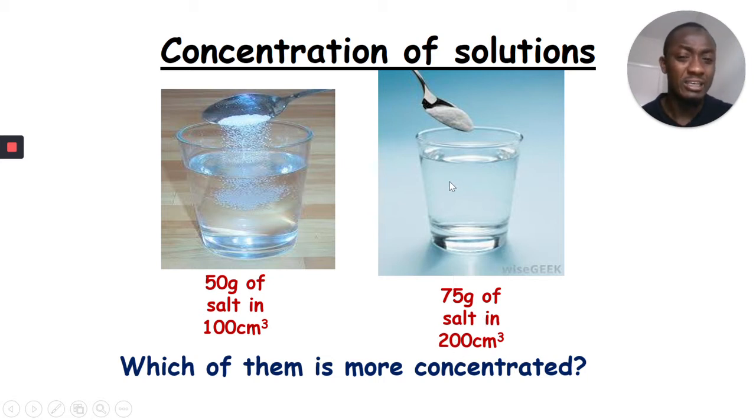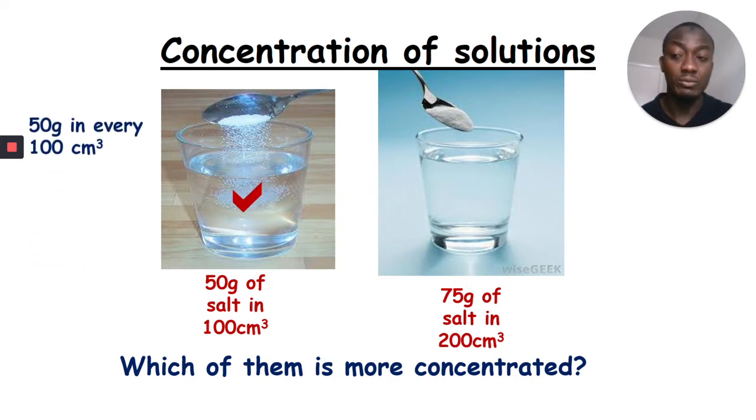But if you think about it, this is double the volume of that. So to compare fairly, why don't you just compare them in the same volume? Every 100 cm cube of this one contains 50 grams, but every 100 cm cube of this one contains only 37.5 grams. So this one is more concentrated than that one.